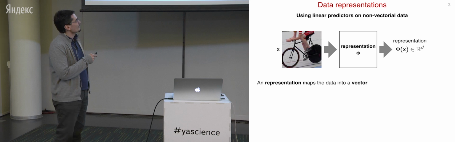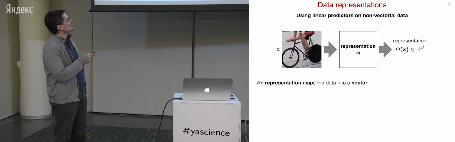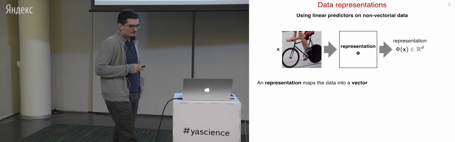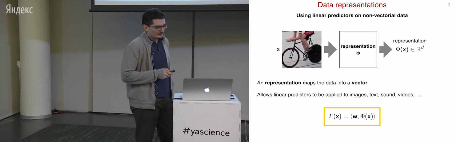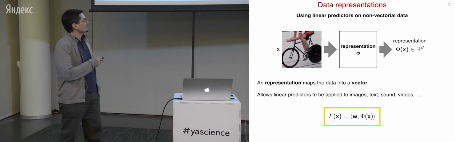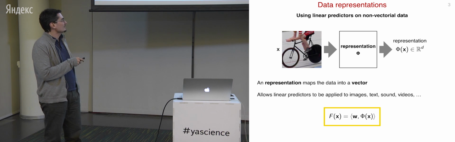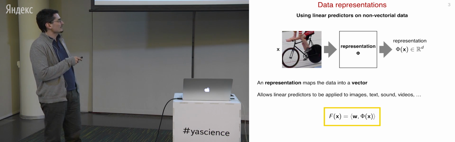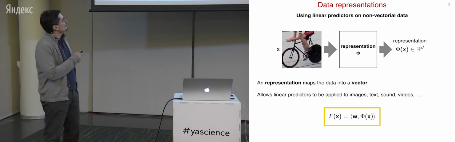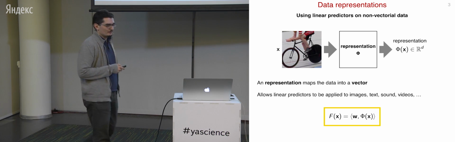All right? So now we have this representation which takes X, our image, and gets a vector for us. And if we do that, even if X is not per se a vector, we can use this transformation to compute our linear classifier. So we can still use the same simple linear rule to associate a number to X to decide whether it's a bicycle or not.